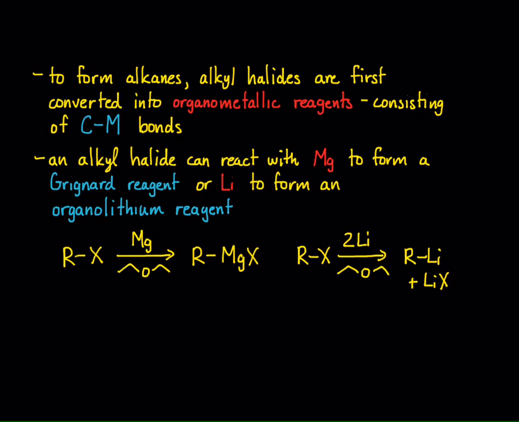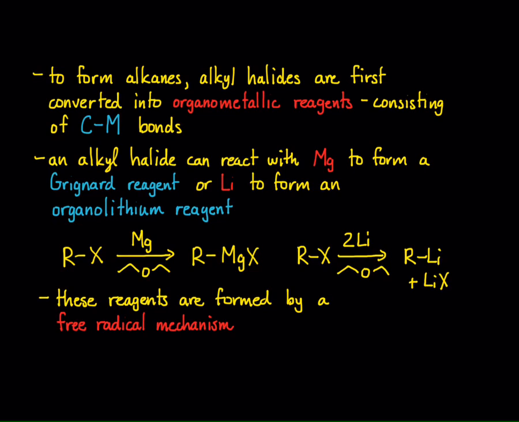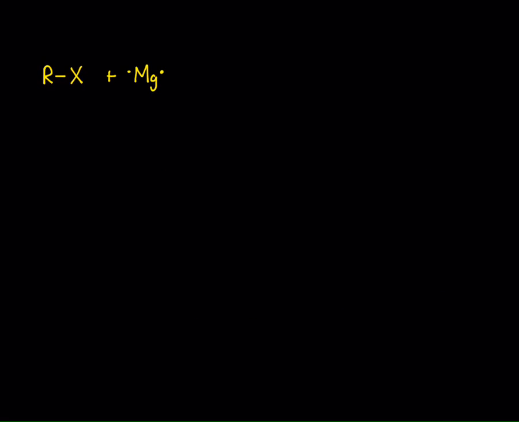Now, the way these reagents are formed is through a process called a free radical mechanism. Remember, a free radical mechanism is the movement of one electron. A free radical means that you have one unpaired electron. If we take a look at a generic mechanism of the formation of these organometallic reagents, the first step in forming the Grignard reagent is we take an alkyl halide and react it with magnesium.